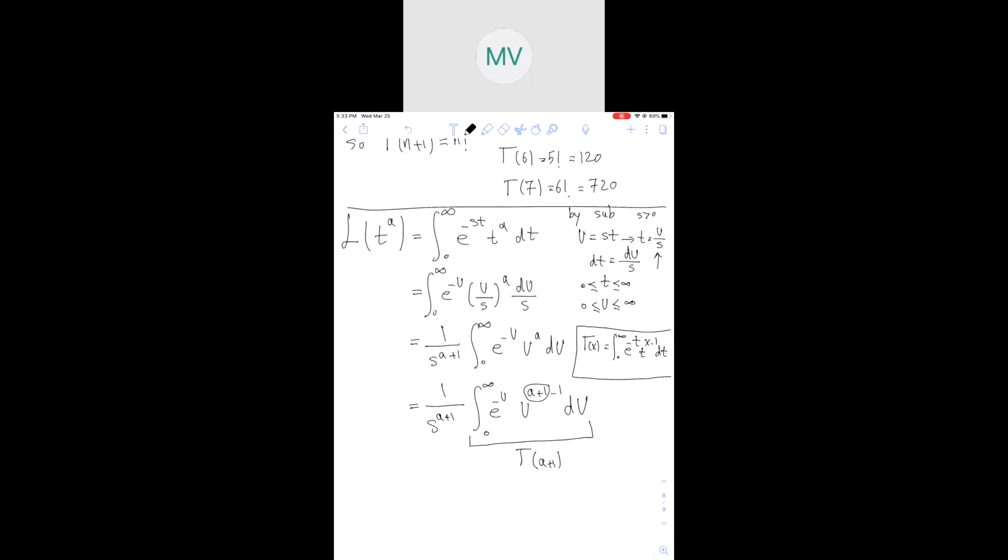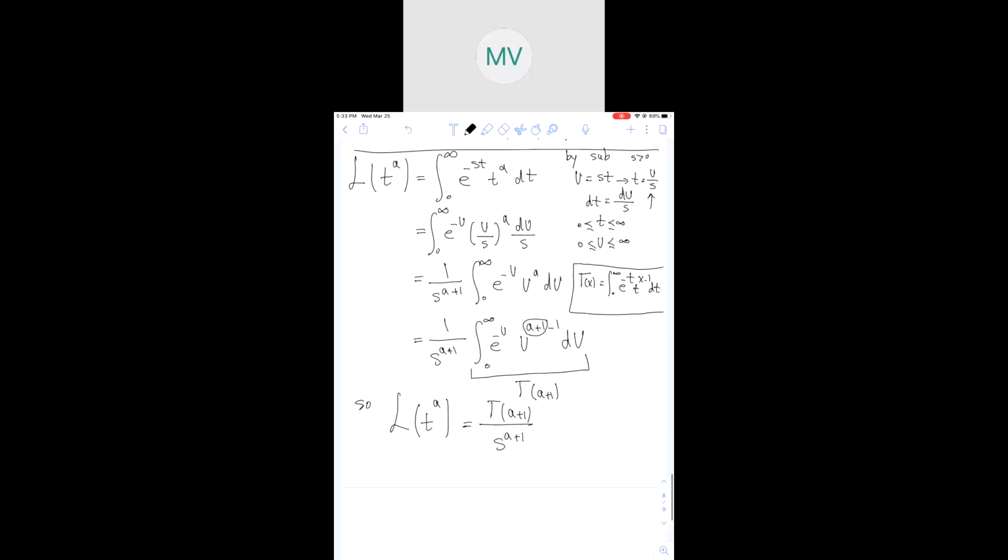I purposely wrote it this way. Remember, the power of t, here t switched to u. It's the same integration. So it's gamma of a plus 1. So at the end, this is what we proved: that Laplace of a power function t raised to constant a is gamma of a plus 1 over s raised to the a plus 1.